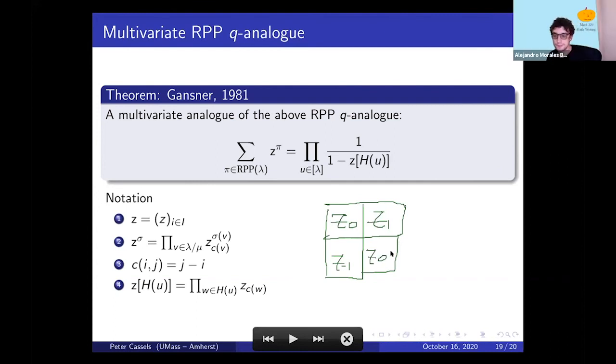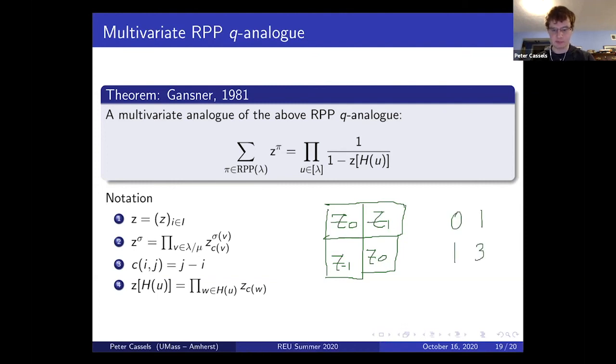Something like this would contribute to the left-hand side as, we have two cells, z0, so z0 squared times z1, z negative 1, and if we add up all the possibilities there, we would get, I guess I could work out the product.